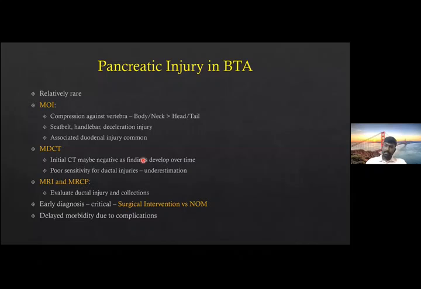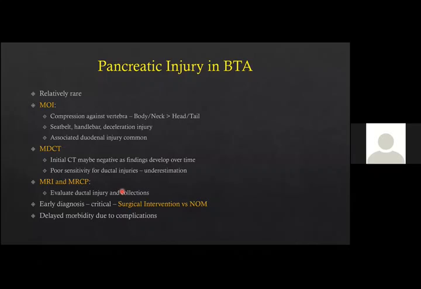These patients will usually progress and present later on with features of pancreatitis because of exudation of the pancreatic enzymes into the surrounding parenchyma. And CT has a poor sensitivity for picking up ductal injuries.